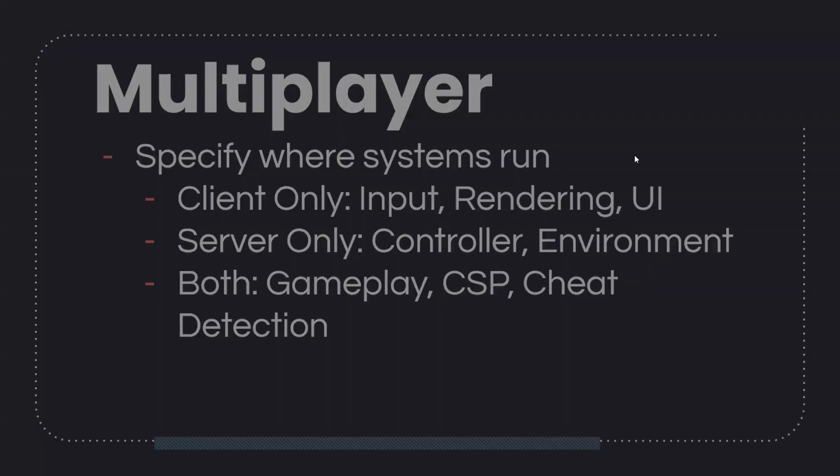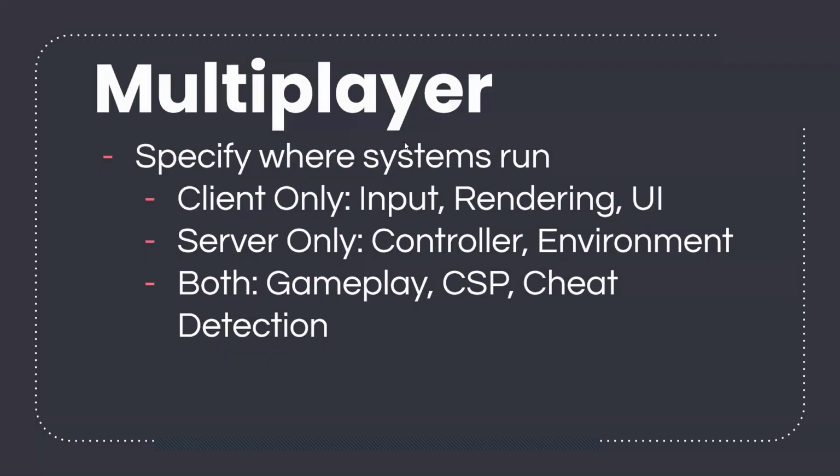This is also pretty good for multiplayer, for defining what should be run on the client only, on the server only, or on both. So for example, you probably want just your input and your rendering on the client side. And then on the server side, you want your physical controllers, for example your player movements. You want to handle that on the server side.